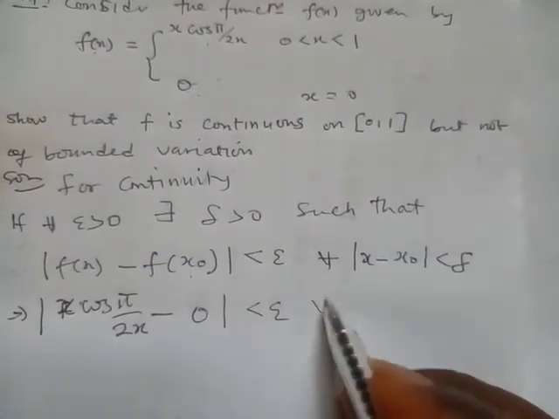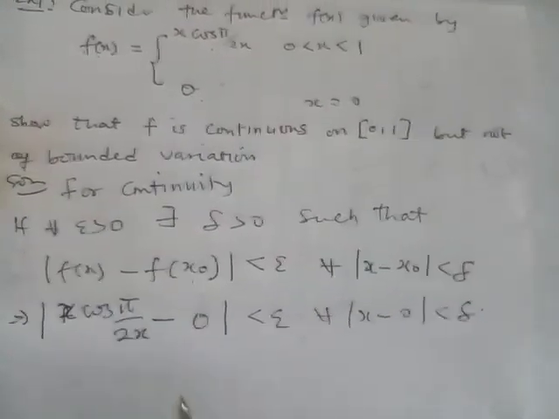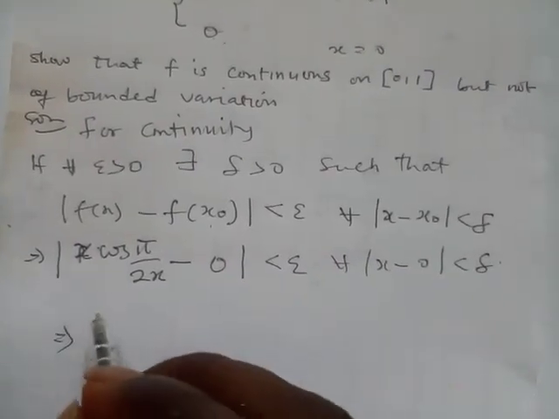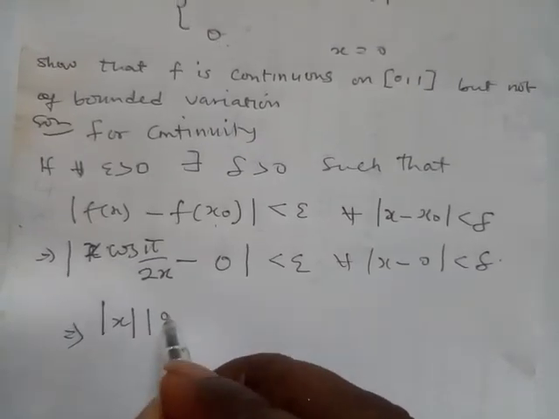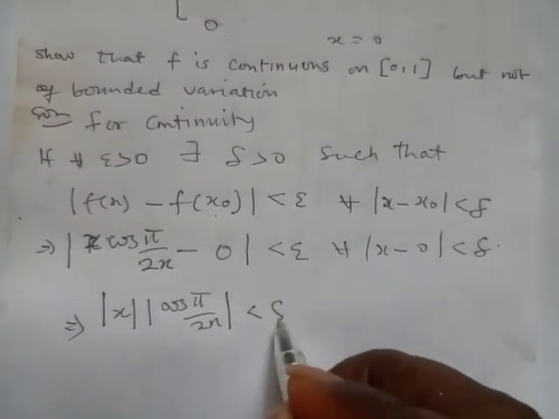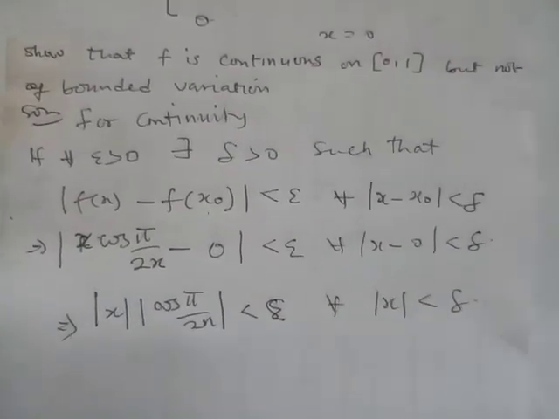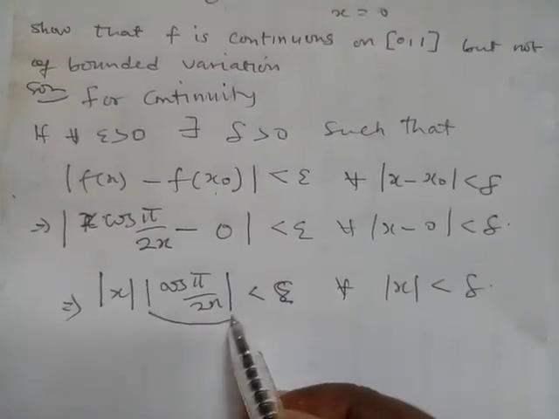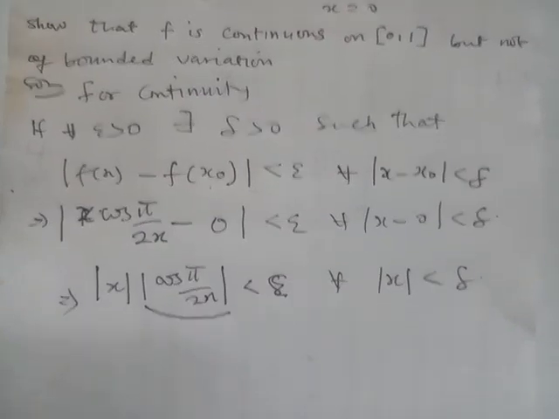It's less than epsilon for all s minus 0 less than delta. But we know that this is the absolute value of s times the absolute value of cos pi over 2s, which is less than epsilon. But we know that the absolute value of cos theta is at most 1.